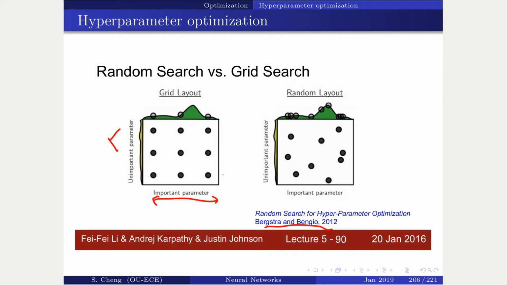If you do a grid search like this, then as you can see, even though I sample the same number of samples here, 9 different sets here and also 9 different sets here, for this one I only try 3 different combinations across this parameter.